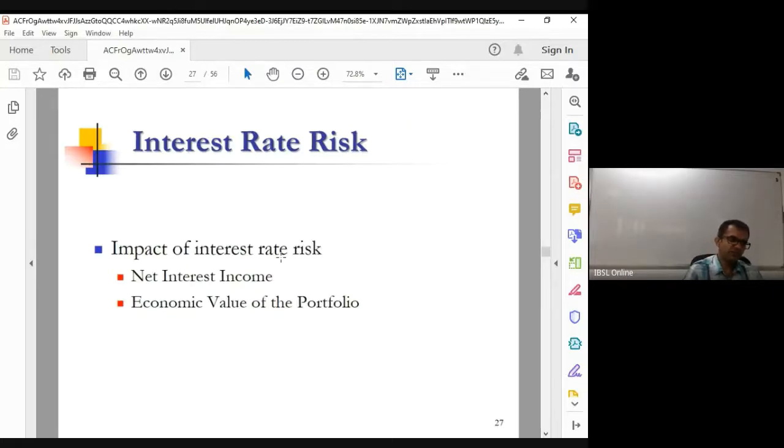Economic value of the portfolio is what is the real value of the portfolio. How do you measure it? If you can remember when we discussed fixed income securities, the price of a fixed income security changes when the interest rate changes.